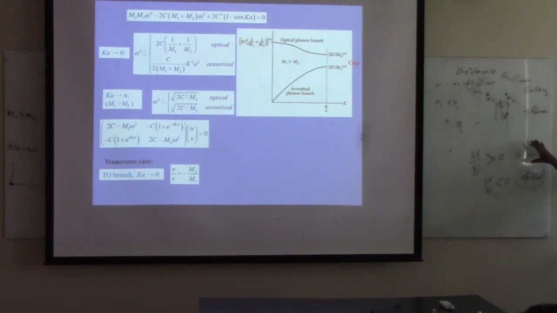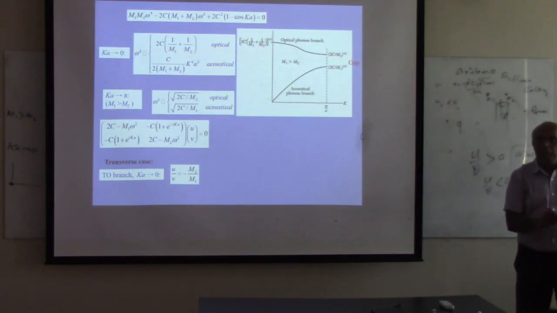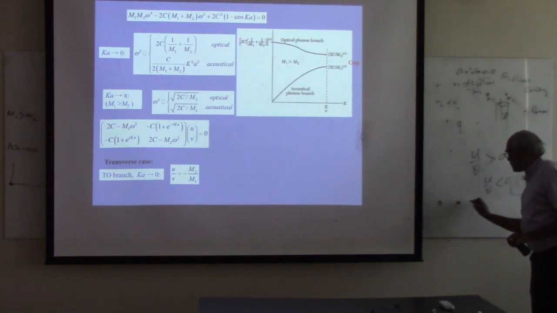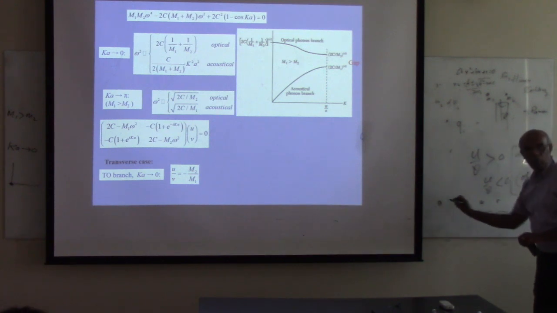So everybody is familiar with acoustic and optical now. Acoustic means both particles are in phase. Optical means both particles are out of phase. Now the next thing we have to understand is longitudinal versus transverse. Longitudinal means the particles move along the propagation direction. Suppose the wave is propagating this way, particles also move this way.